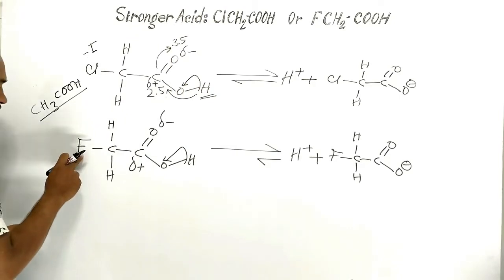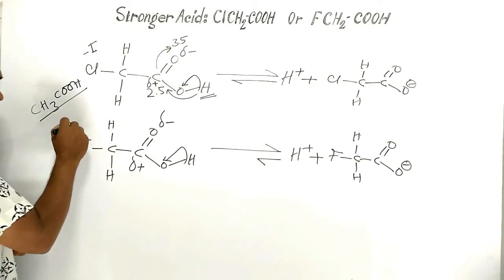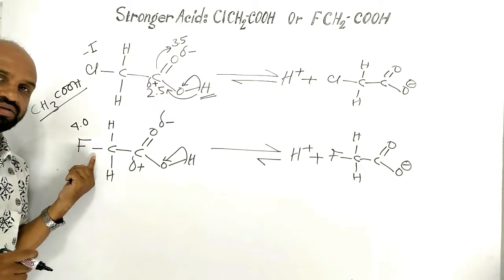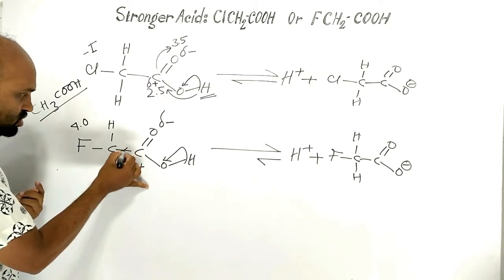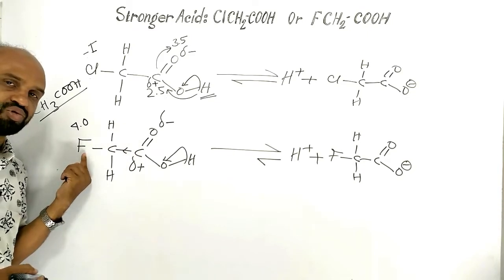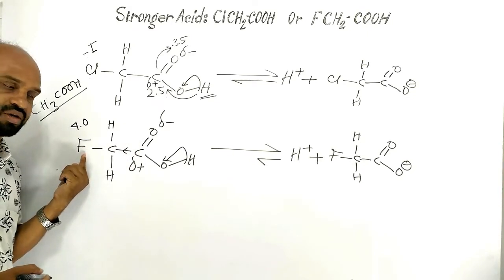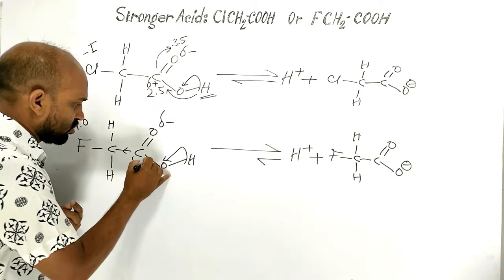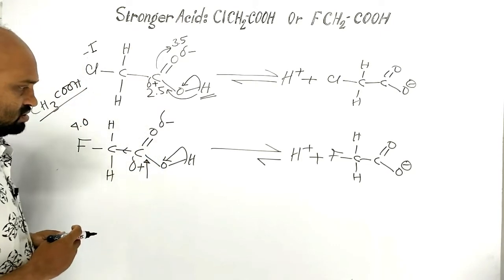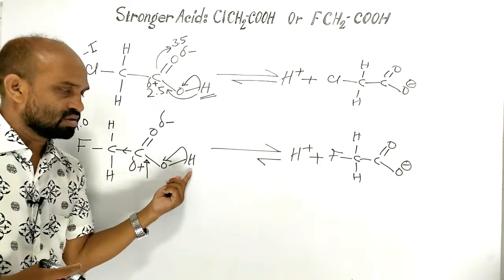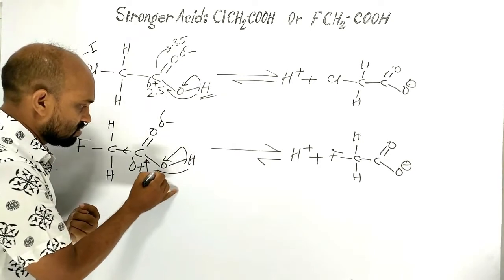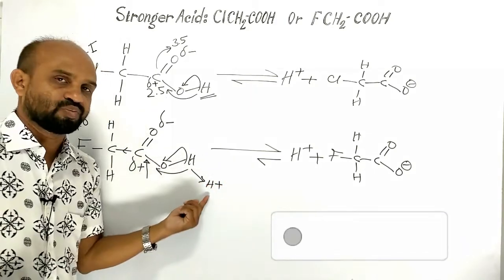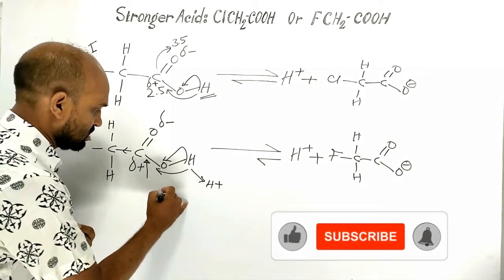Here the electronegativity of fluorine is 4.0, which is quite high. That is why it withdraws electrons towards itself strongly, and as a result the positive charge over carbon increases. As a consequence, this hydrogen gets freed as a proton very easily.